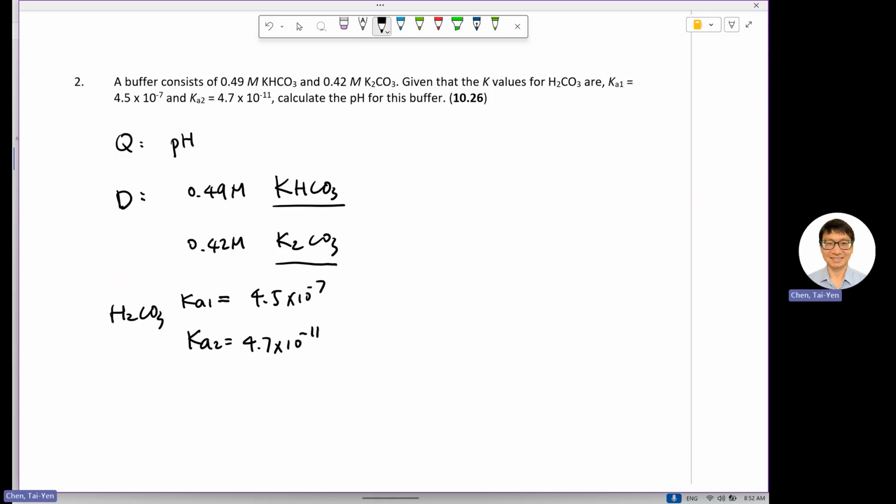Every time you see a compound whose formula contains a group 1A element, for example sodium, potassium, or lithium, what you should do is throw it away.